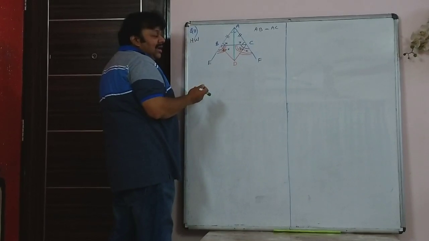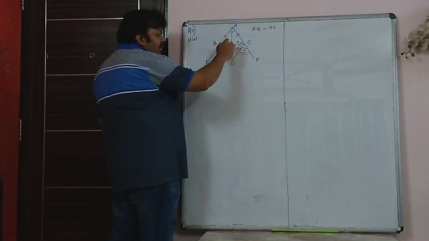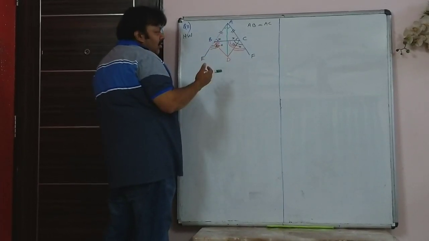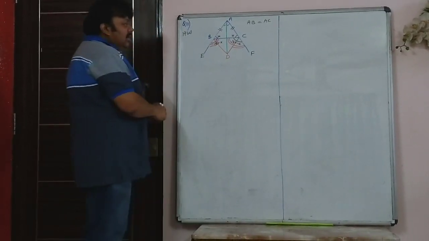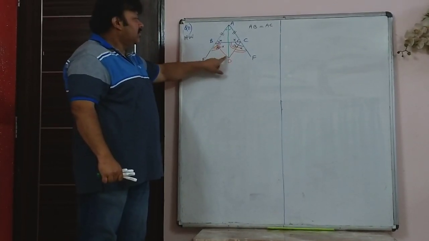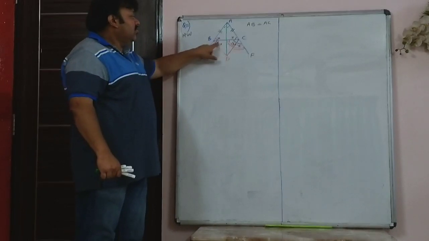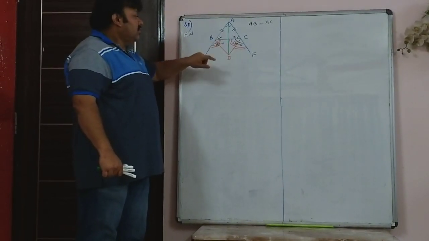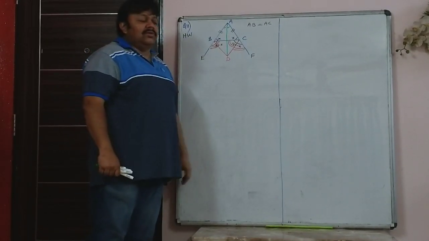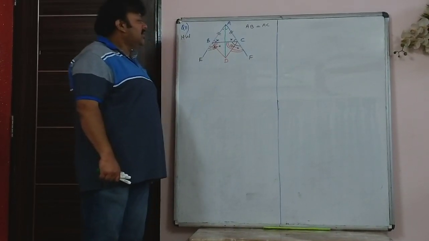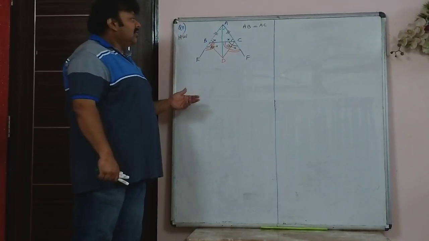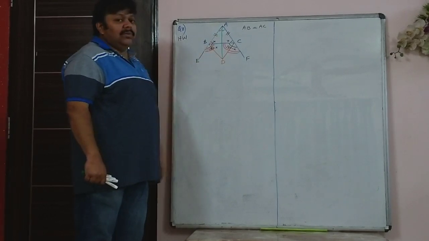Then you have S, but there is no ASS test. So you can use this, both sides are equal, and because you can prove these two sides equal, because these two base angles are y, you can say SSS test. So by SSS test, you can prove the two triangles ABD and ACD are congruent. And because they are congruent, the corresponding angles will be equal.